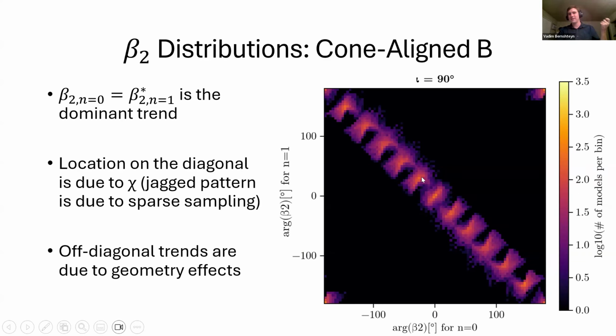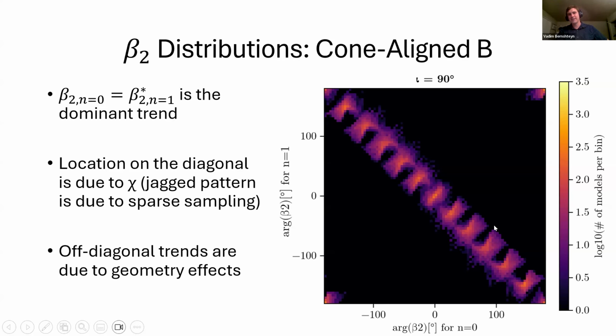And clearly, the dominant trend here is this main diagonal, which corresponds to beta-2 modes for n equals 0 and n equals 1 being conjugates of each other, which is a cool result. It actually agrees with theory. We expect something like this to hold from the theory of black holes.